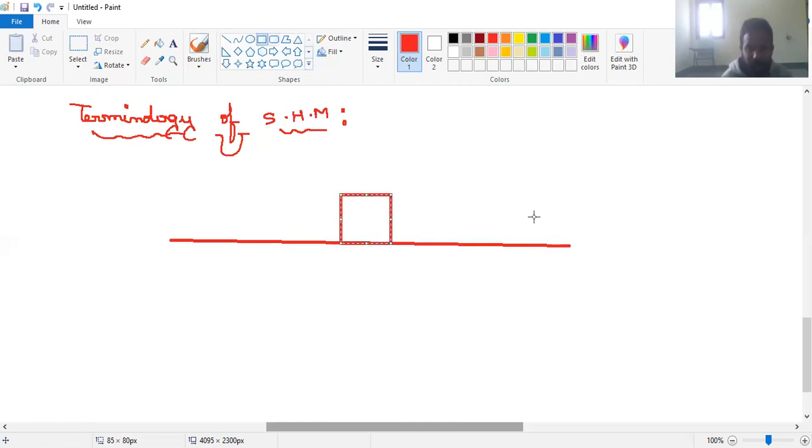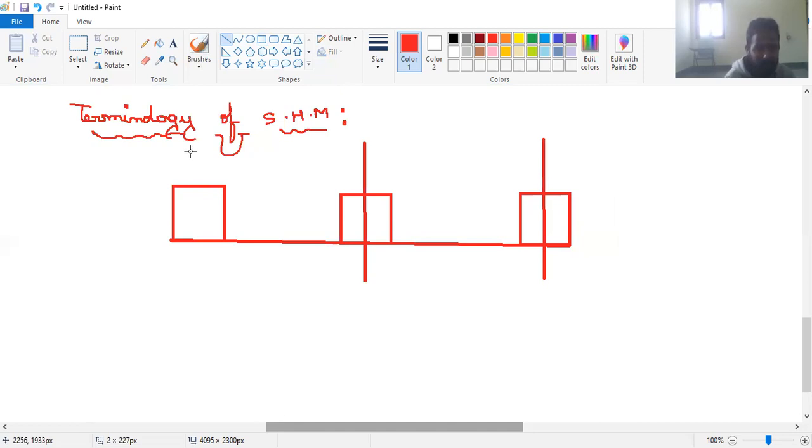This is the mean position. This is the positive extreme. This is the negative extreme.